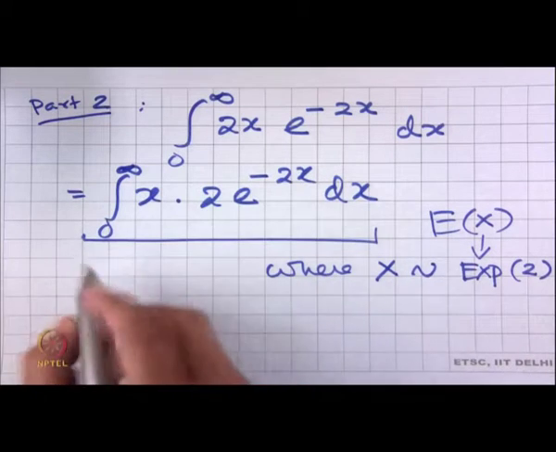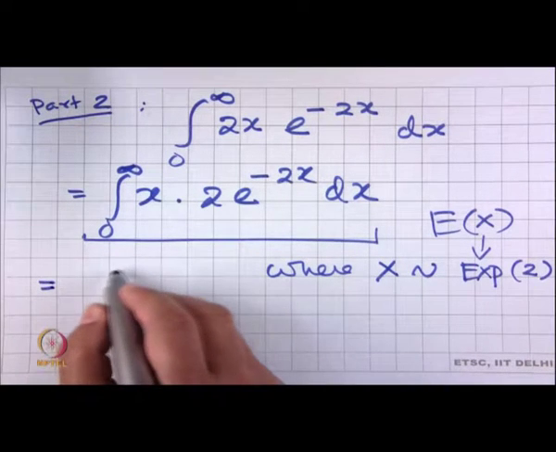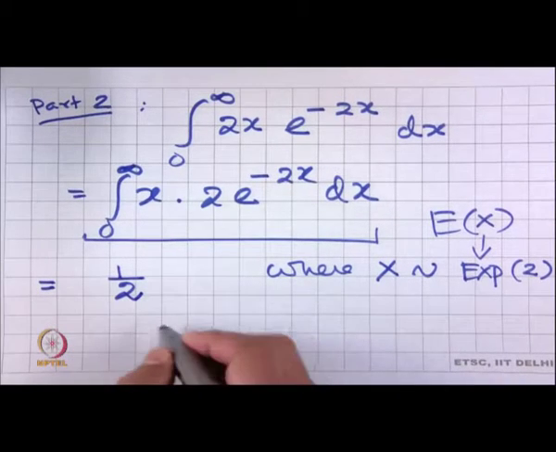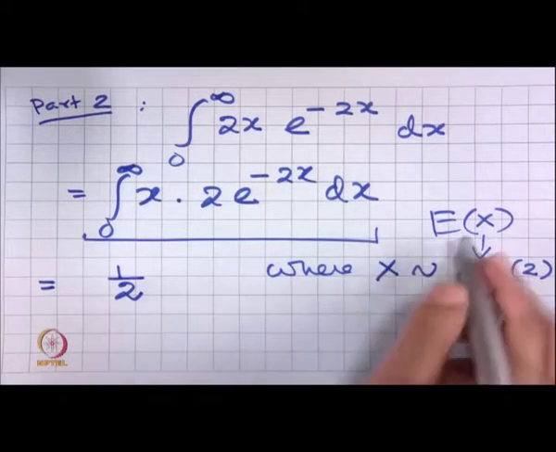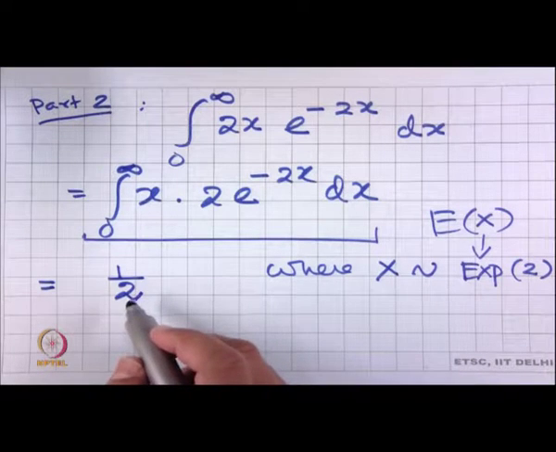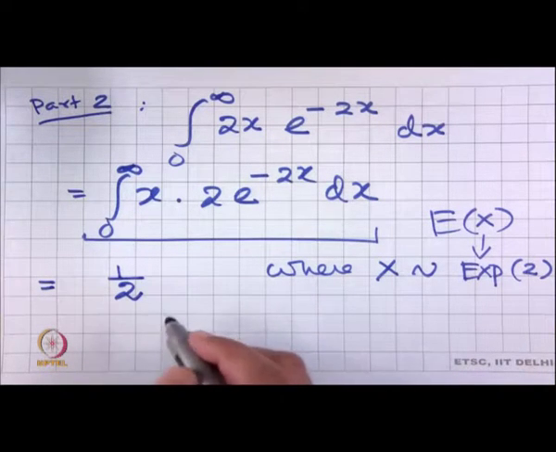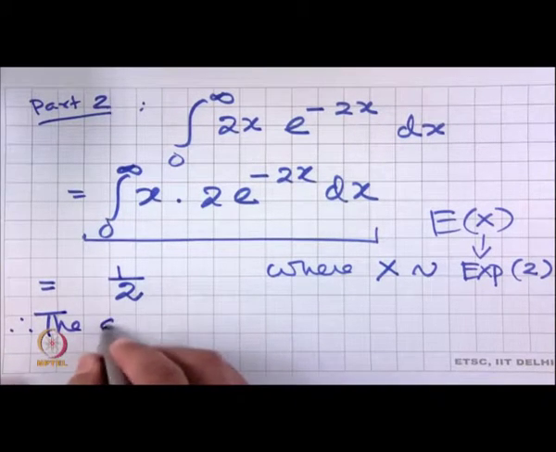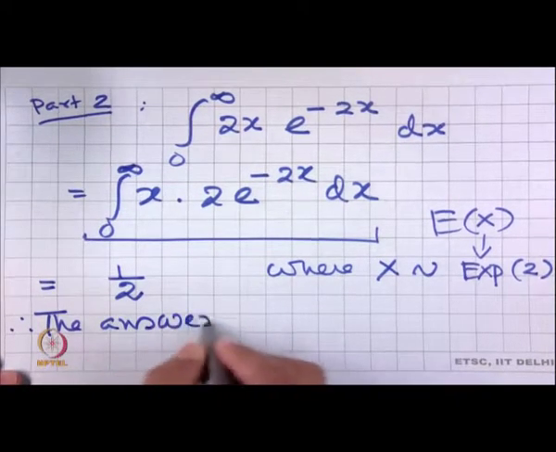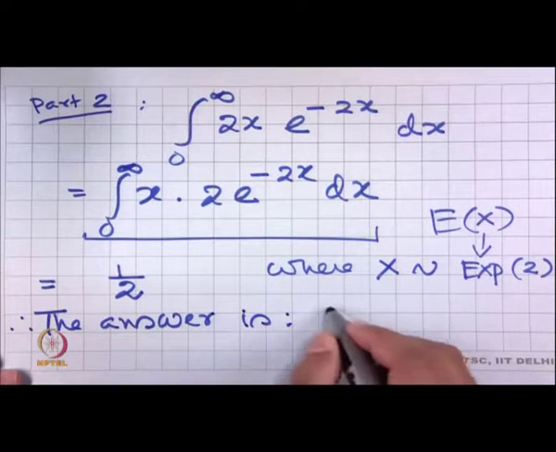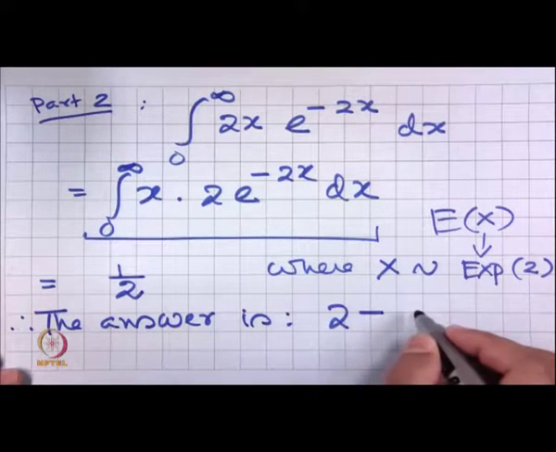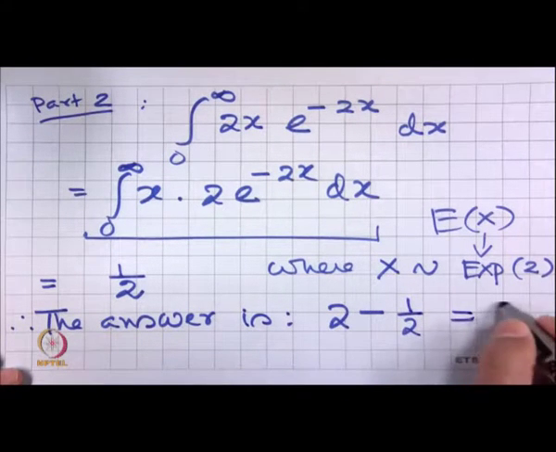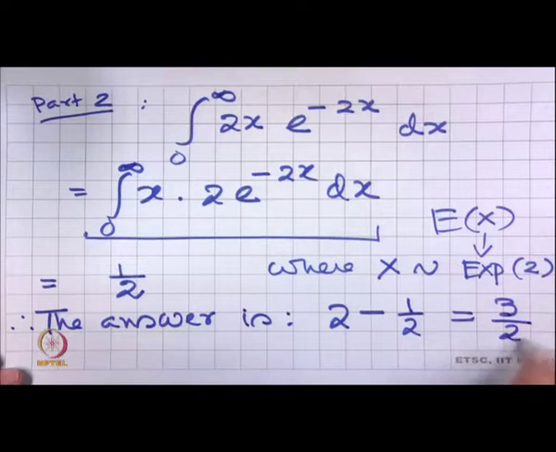Therefore, this expected value is going to be 1 upon 2, because if the parameter is lambda, then expected value is 1 upon lambda. Therefore, the answer is 2 minus 1 upon 2, which is equal to 3 by 2.